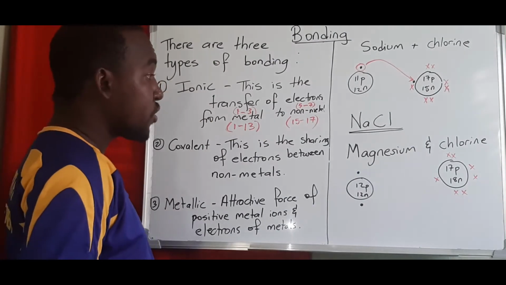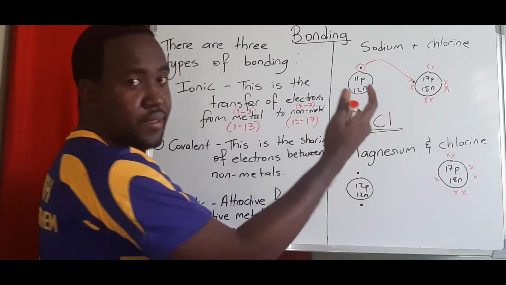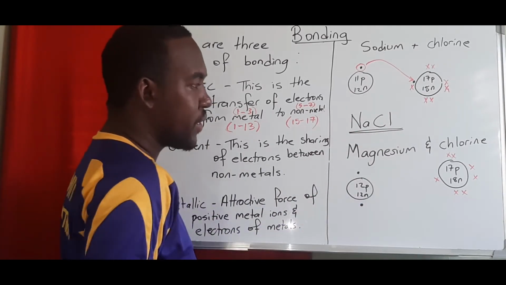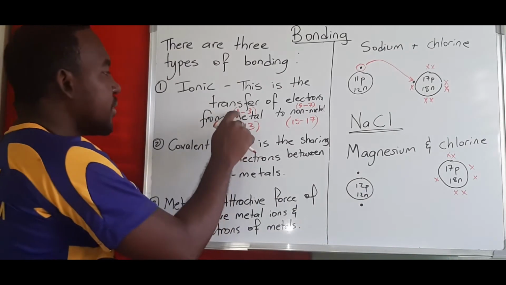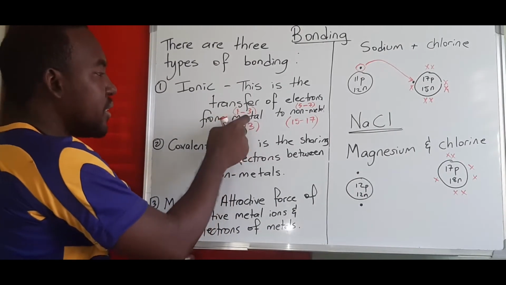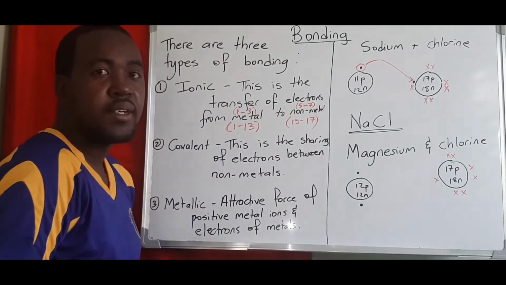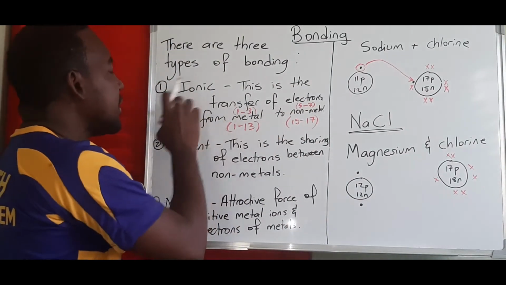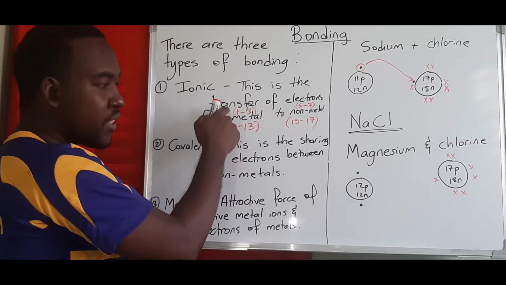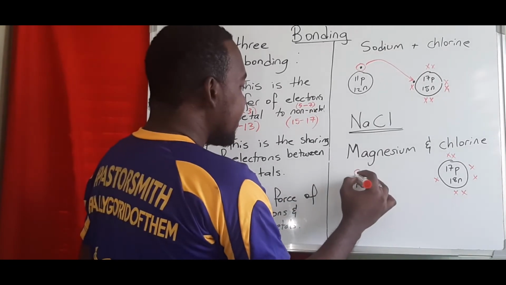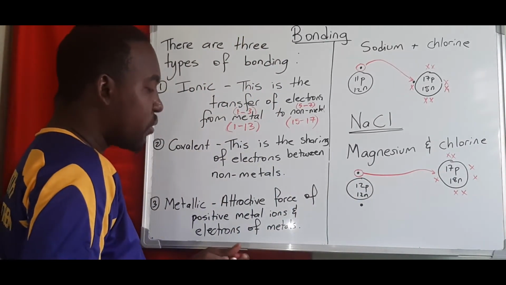In this case, we identify if they are metals or non-metals. Magnesium has 2 on the outer shell, 2 lies between 1 and 3, so it's a metal. And we know chlorine has 7, so it's a non-metal. Metal and non-metal, so still ionic bonding. Again, we do a transfer of electrons. We take 1 electron and send it to chlorine.